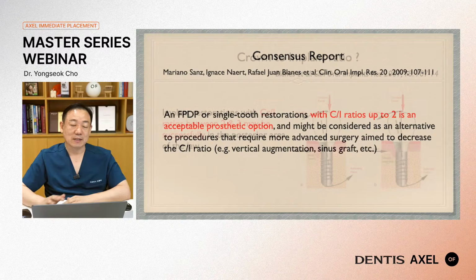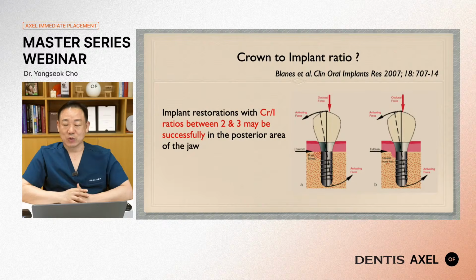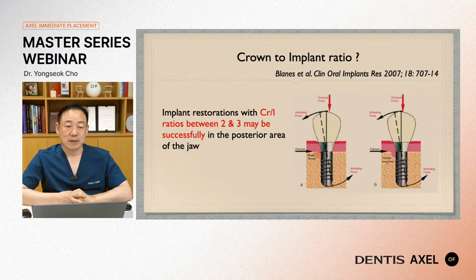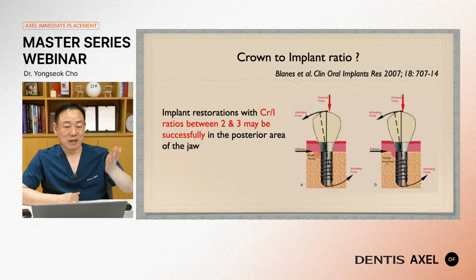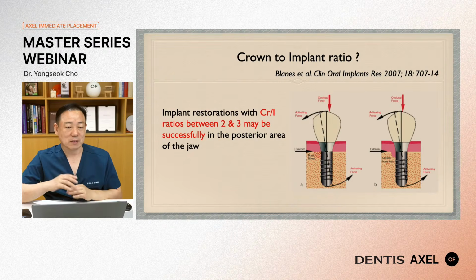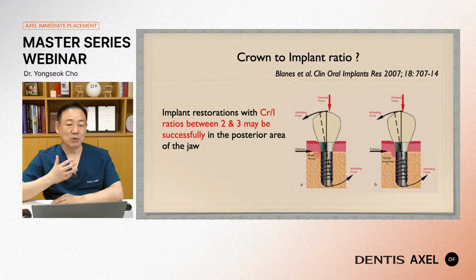And another article says implant restoration with the crown implant ratio between 2 and 3 may be successful in the posterior area of the jaw. So clinically, even if we are using extra short implant, which makes a relatively long crown, that doesn't make poor prognosis. So I don't worry about using short implant at the mandibular molar side.